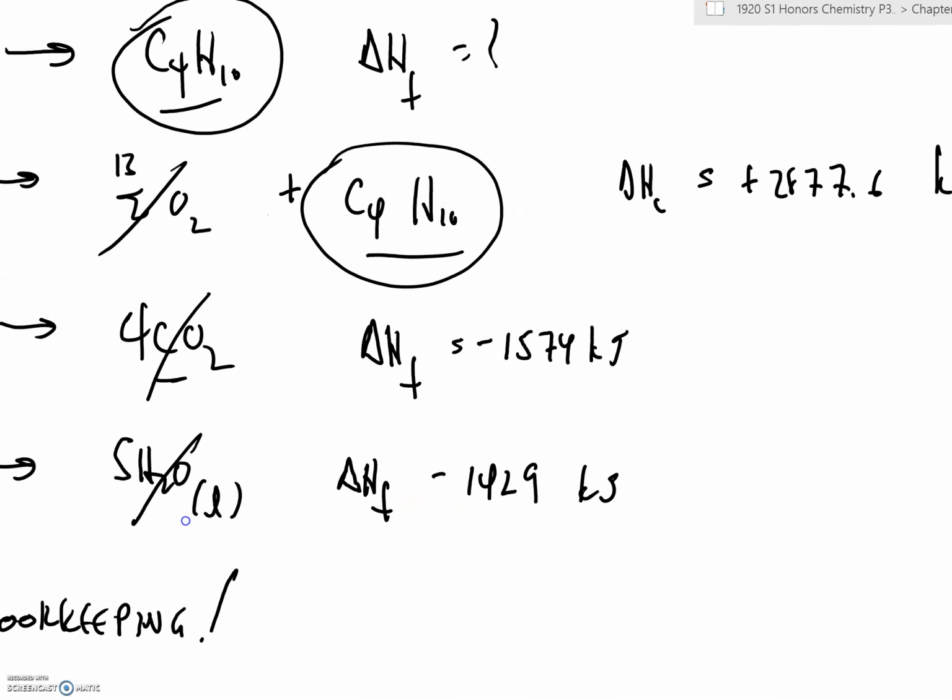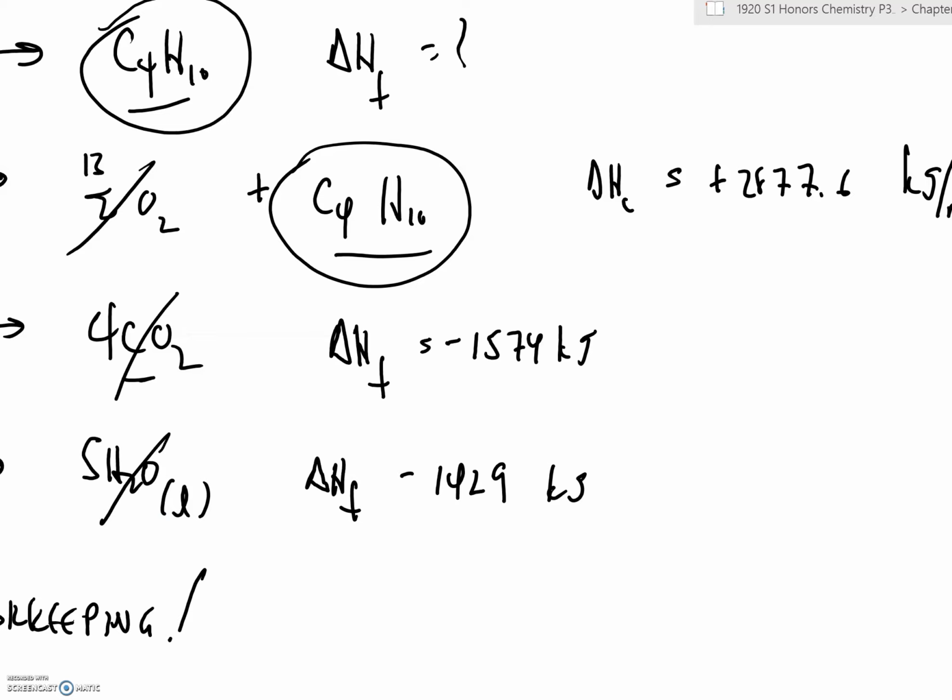And so let's do it. What we know is that these 3-step equations are our equivalent of our target equation. And that means that our energy change should be the equivalent of adding all these together. So let's have 2,877.6. We're going to subtract from that 1,574.